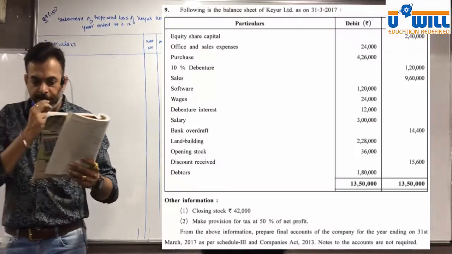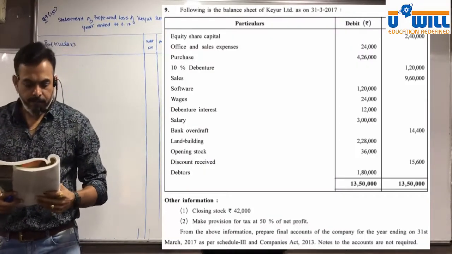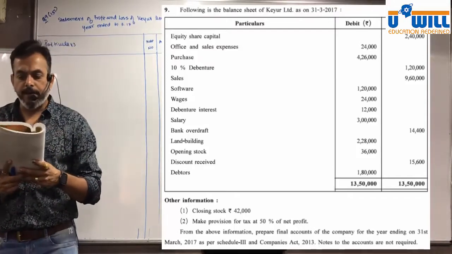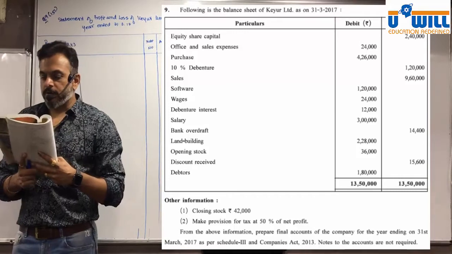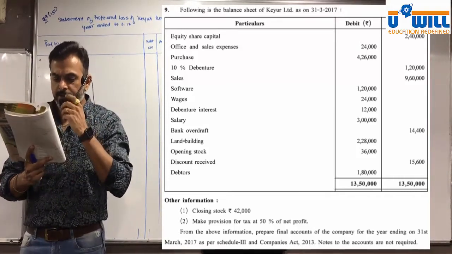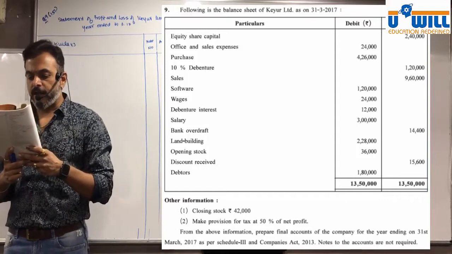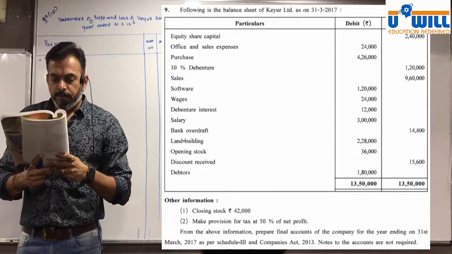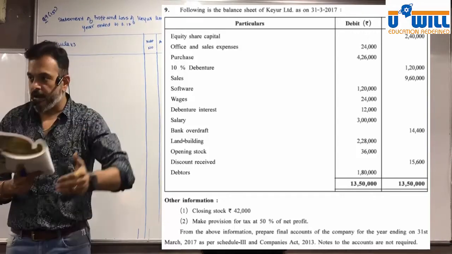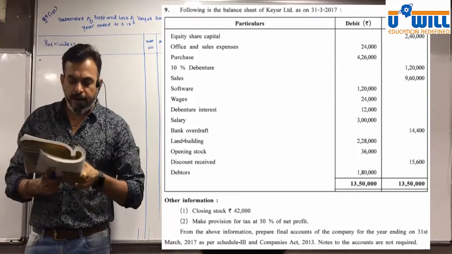Page number 151, question number 9. Let's go through the sum. Following is the balance sheet of KU Limited as on 31/3/2017. Equity share capital, office and sales expense, purchase. You should bifurcate here itself what goes where, it will become easier.